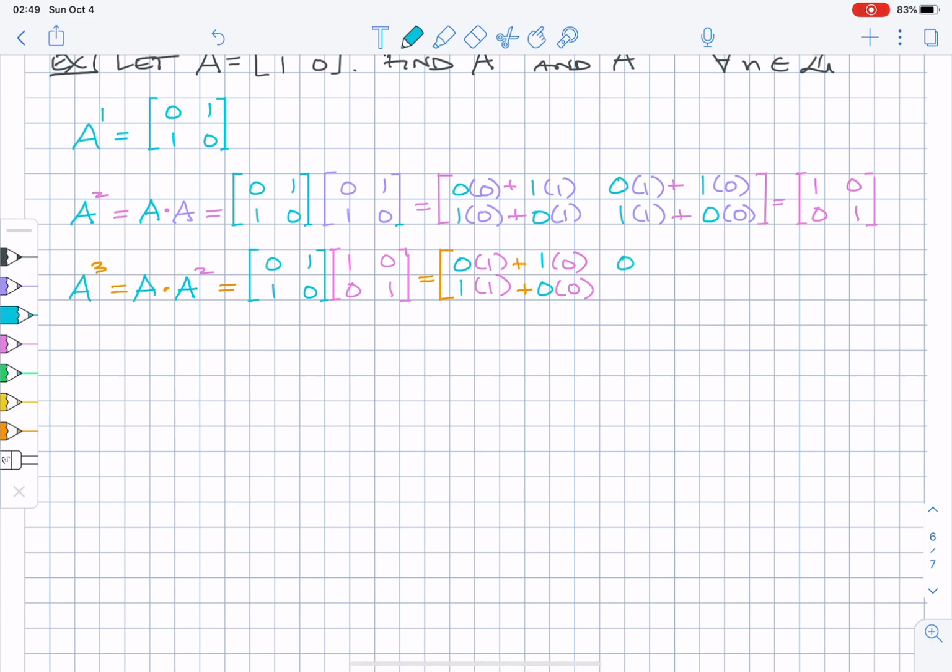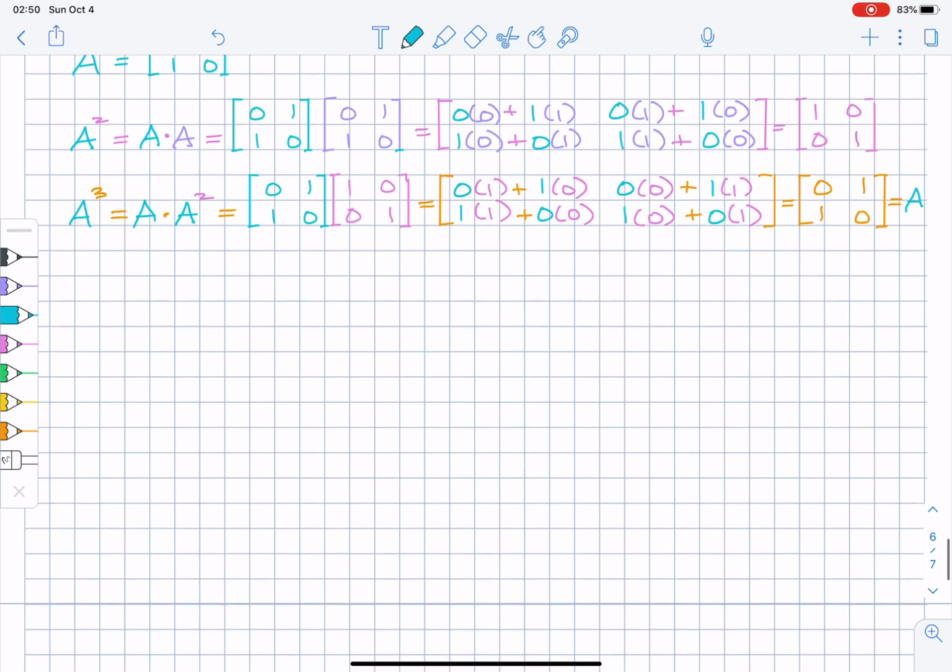Then 0 1 times 0 times 0 plus 1 0 times 1 times 1. So that's going to be 0 1 1 0. Notice that that's just equal to A again. Right, that's what we began with.